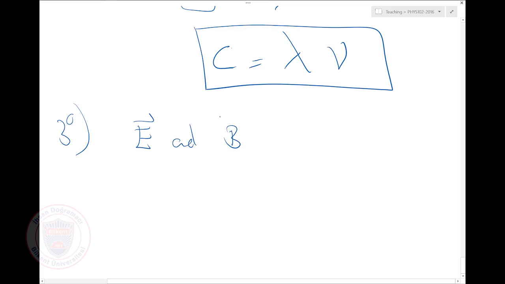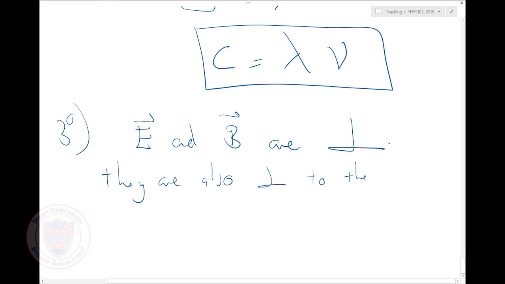And here comes our third rule about the directions. E and B are perpendicular to each other. They are also perpendicular to the direction of propagation.